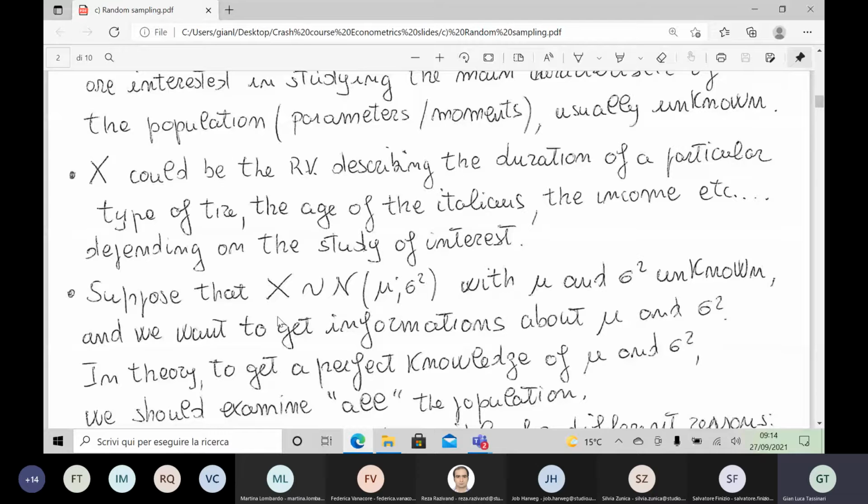And you are interested in studying, guys, the true average, the expected duration of a Pirelli tire. If you buy four Pirelli tires for your car, which is the expected duration of these tires? The expected duration is typically unknown, which is mu.